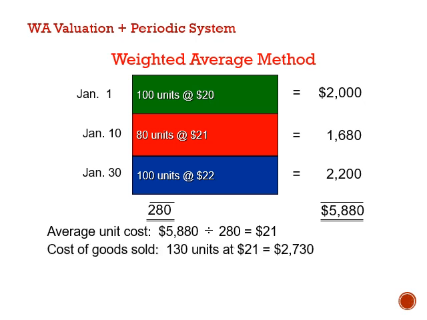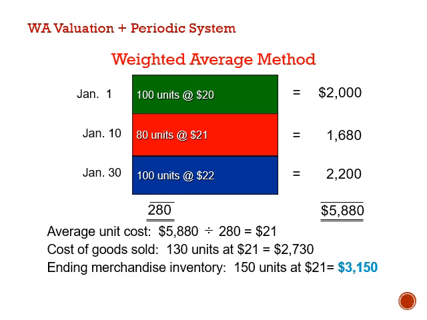Then the cost of goods sold is determined by multiplying the average per unit cost by the number of sales made in the period. And the balance at the end is determined by multiplying the balance of 150 units by the average cost per unit. So we have cost of goods sold at 2,730 and ending balance amount at 3,150.